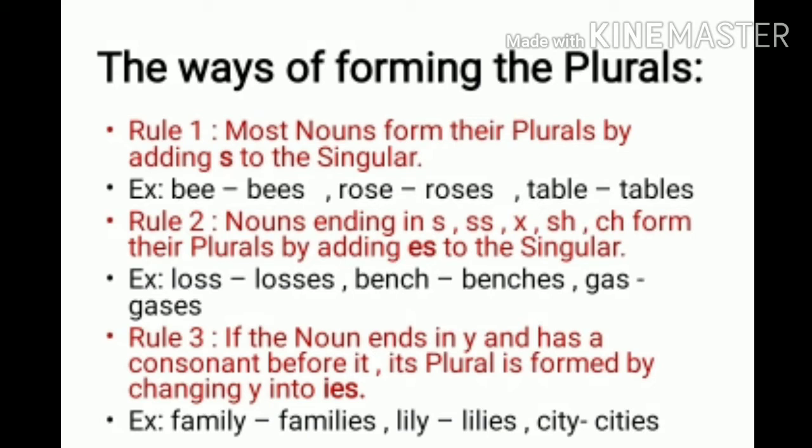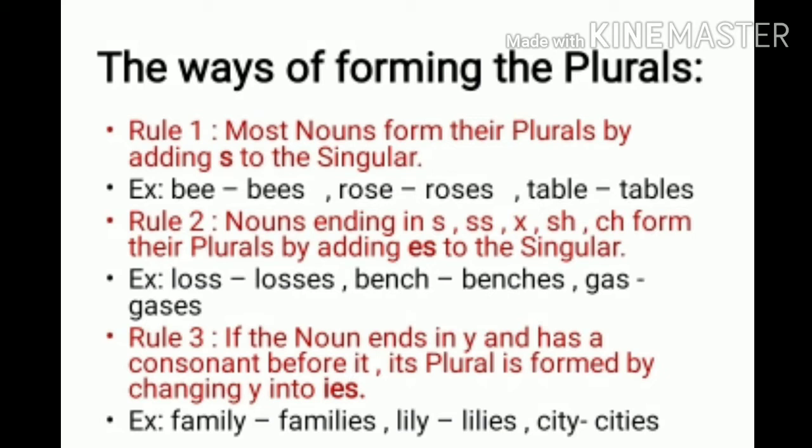When we add an ES after the double S, it becomes losses, which is the plural of loss. Bench ends in CH and is one bench. When we add ES, it becomes benches, the plural of one bench. Gas ends with only S. So we add ES to make it the plural.